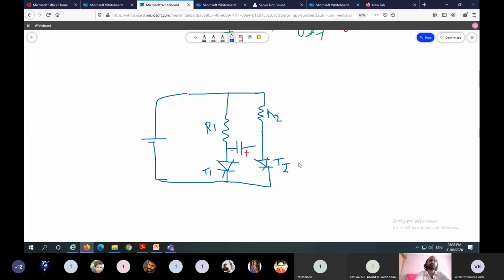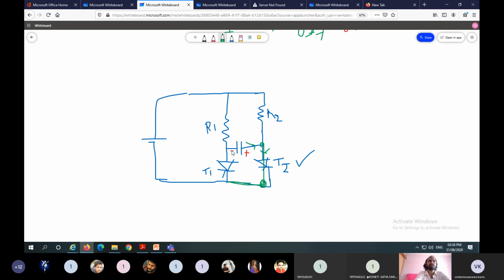Once we trigger T2, the capacitor starts discharging, and it acts as a short circuit. If it acts as a short circuit, the voltage at this point and the voltage at this point are the same.